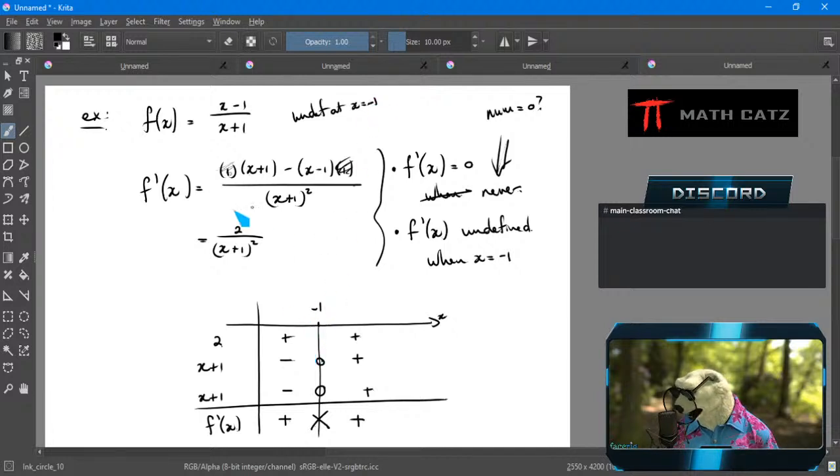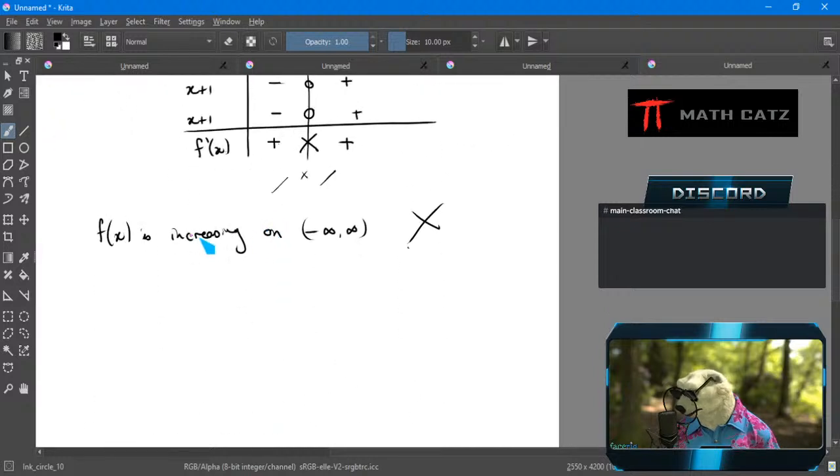So I can't ever include -1 in any statement like this, because there is no point to compare. So I need to make sure that -1 is excluded from this set of x values. So -infinity to -1, round bracket. There is no point that I can have at -1. And also, I'm going to use the union symbol because I have to be proper, but you don't have to. -1 to infinity. So it's everything except -1.